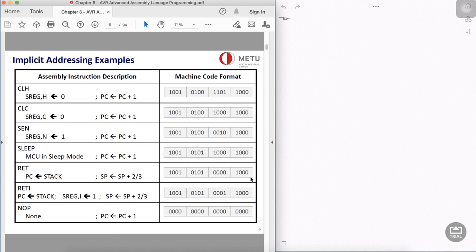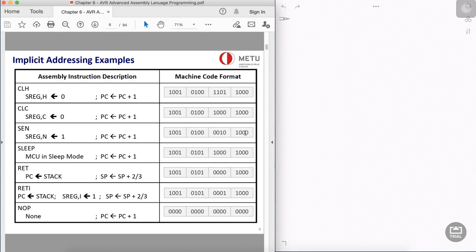Now, if you look at their machine code formats, they all start with 1001, except the no operation one. And their part of the opcode is similar. CLH, CLC, set negative, these are all status flag related, so their second part of the machine codes are also similar. Their third part is changing, and the fourth part is exactly the same.